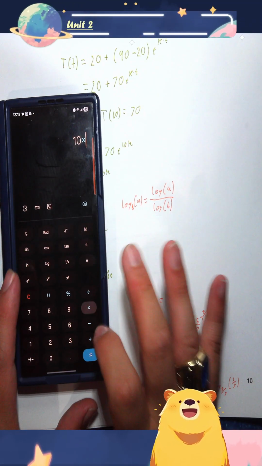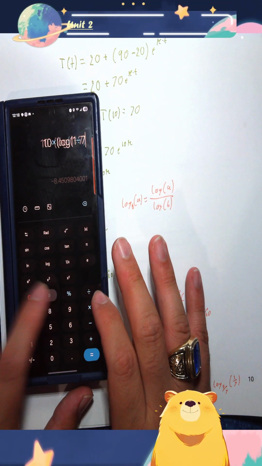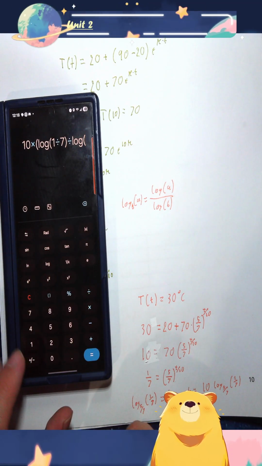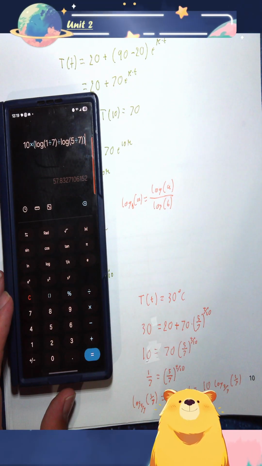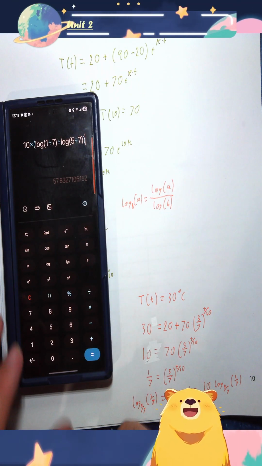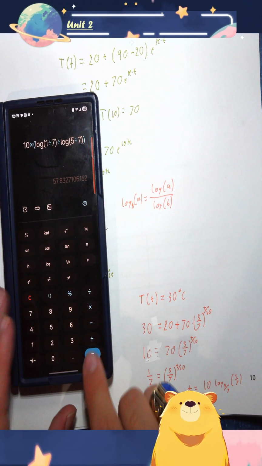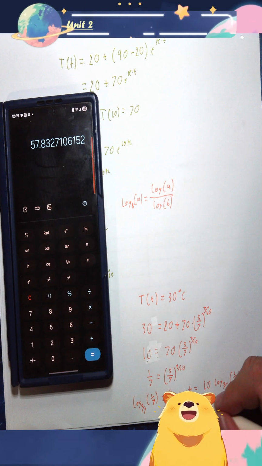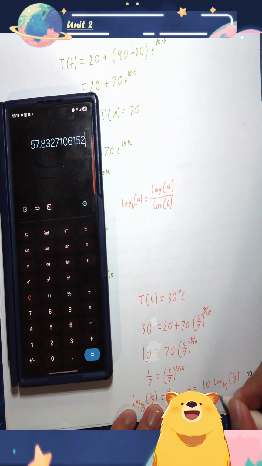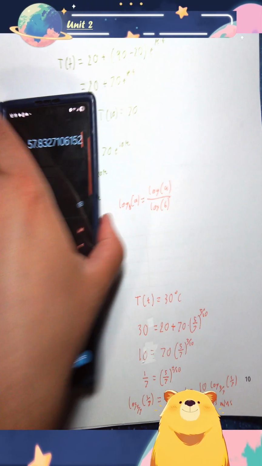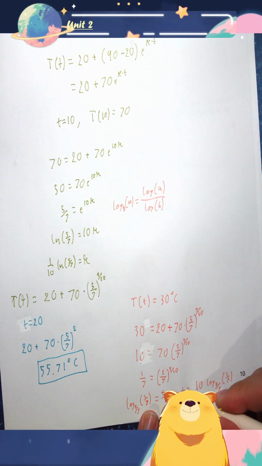We have 10 times log of 1 over 7 divided by log of 5 over 7. The whole log. Okay. Enter, and we get that the time it takes for it to reach 30 degrees is 57.83 minutes.